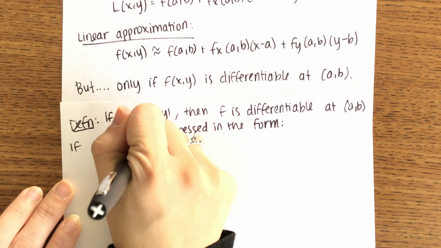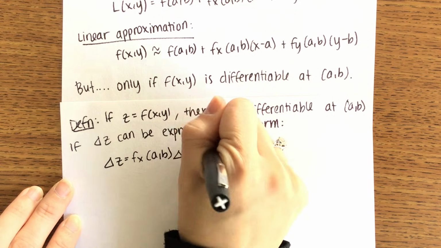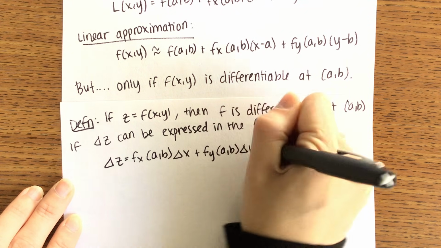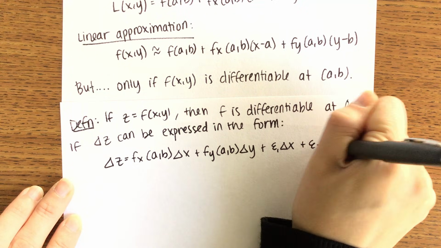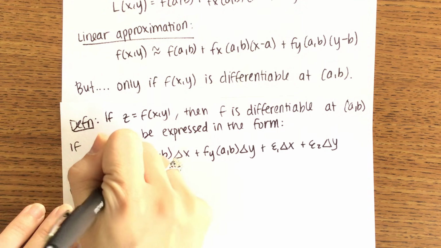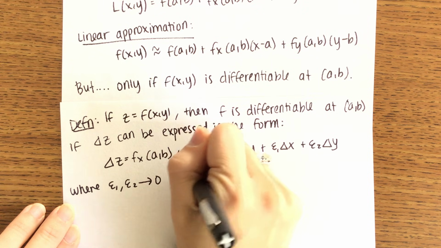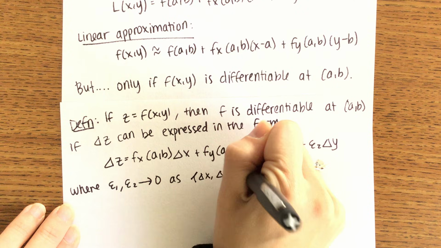Delta z equals the partial derivative with respect to x at AB times delta x plus the partial derivative with respect to y at AB times delta y plus epsilon 1 delta x plus epsilon 2 delta y, where epsilon 1 and epsilon 2 go to 0 as delta x and delta y go to 0.